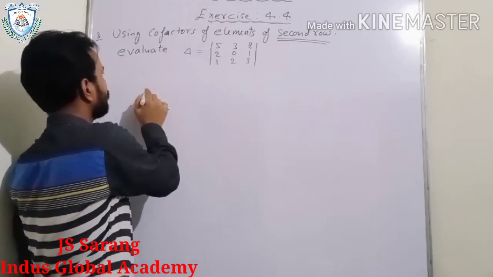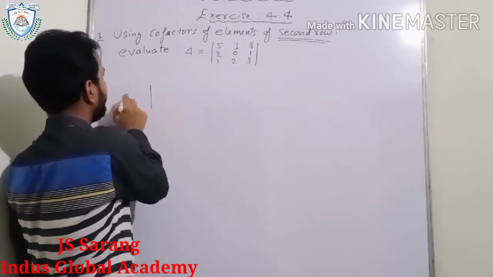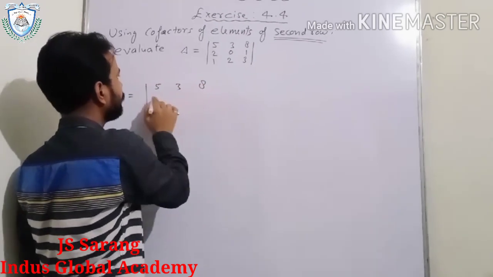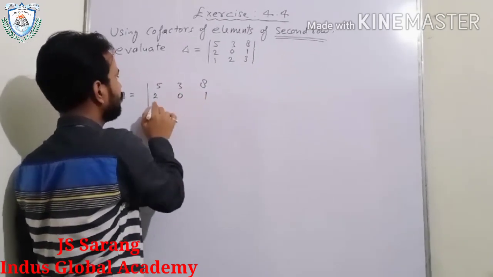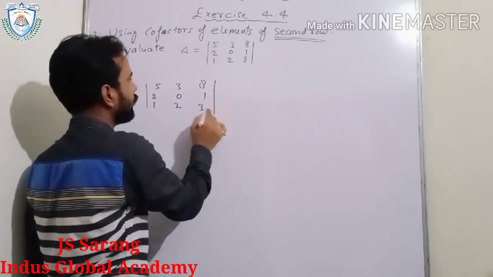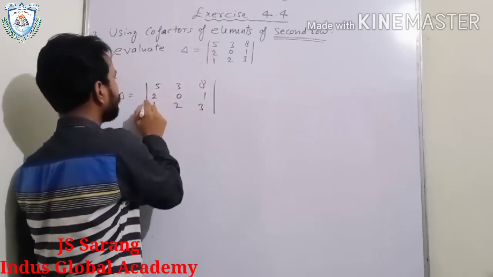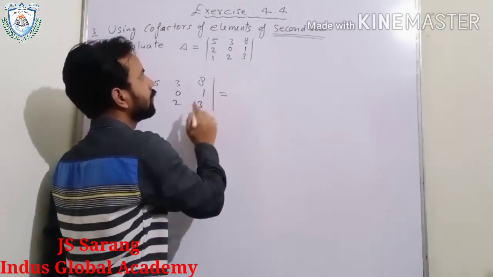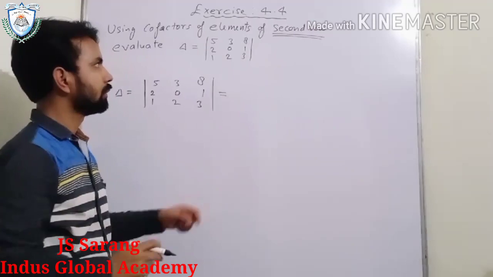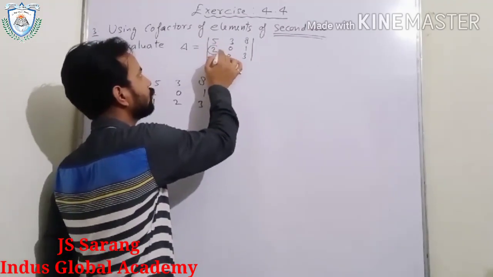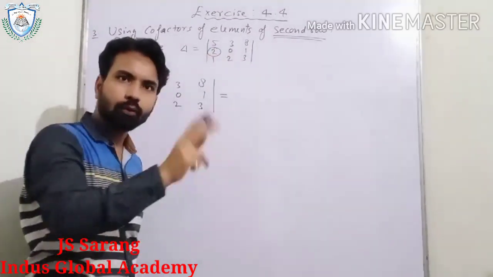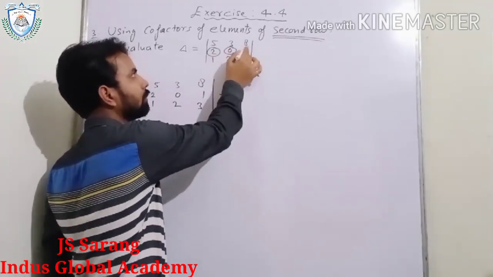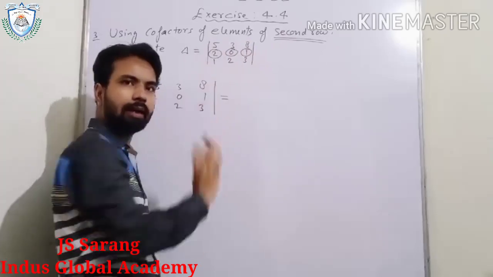So the value of the determinant delta equals 5, 3, 8, 2, 0, 1, 1, 2, 3. If we want to use the cofactors of the second row, then the value of this determinant will be: the second row elements are A21, second row first column; A22, second row second column; and A23, second row third column.